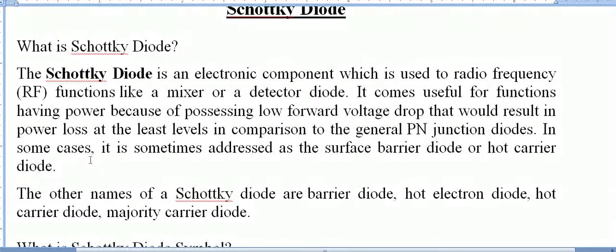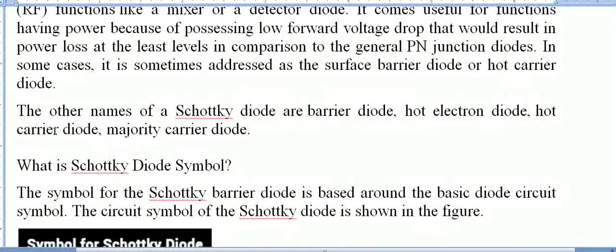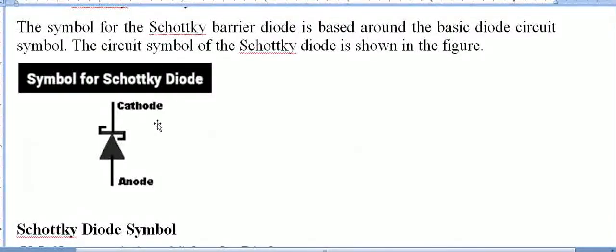In some cases, it is addressed as the surface barrier diode or hot carrier diode. The other names of the Schottky diode are barrier diode, hot electron diode, hot carrier diode, or majority carrier diode. Now this figure shows the symbol for the Schottky diode.